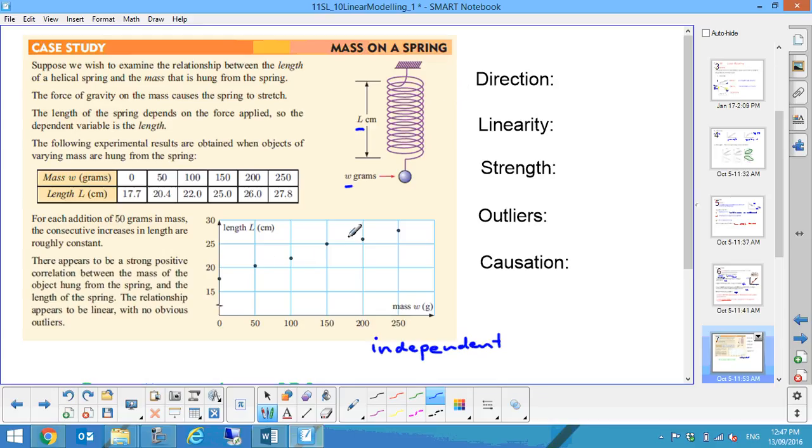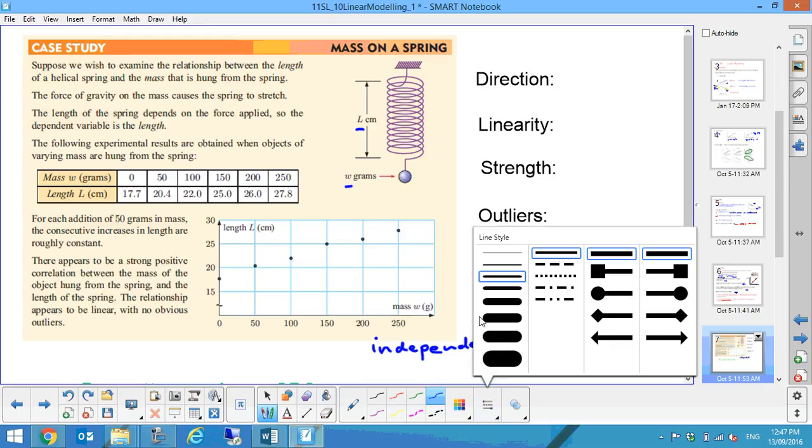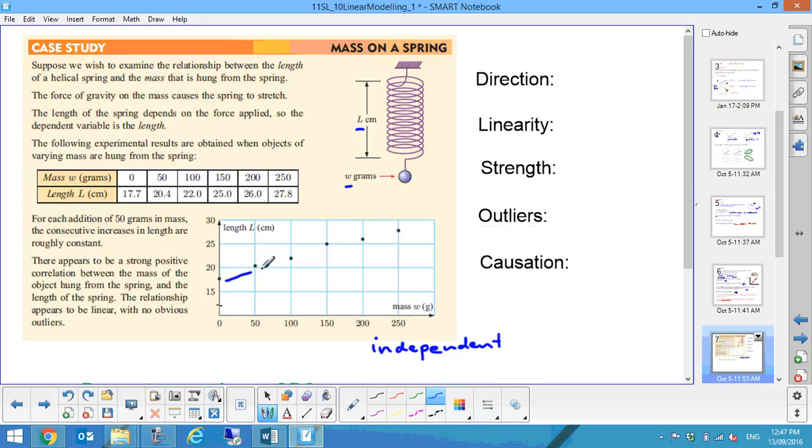We get this sort of data, and then when we look at that data, what's it look like? So it looks like we've got a straight line, so it's looking quite linear. The direction is positive, so you could have stopped and filled these in. So as the mass gets heavier, the length of the spring gets longer.